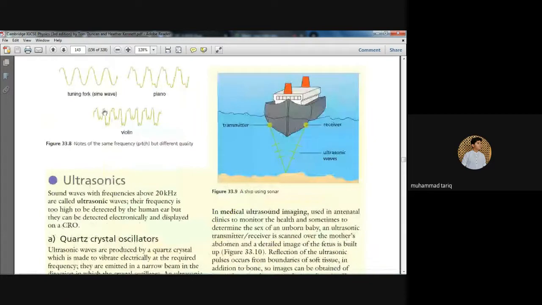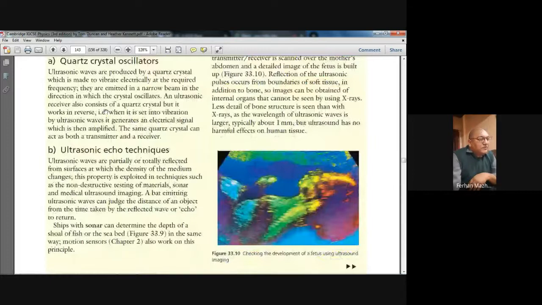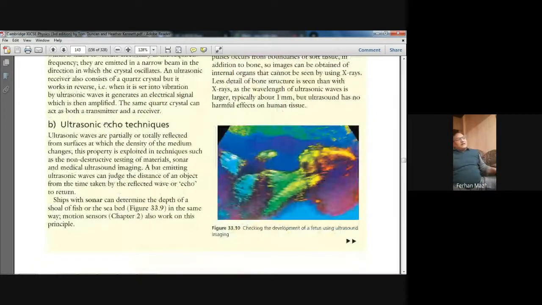Another very important use: bats. You must have heard the word bat, the animal. Bats are mammals, basically, and they produce ultrasound.